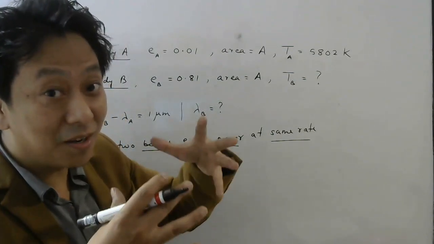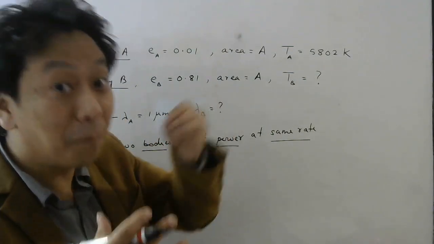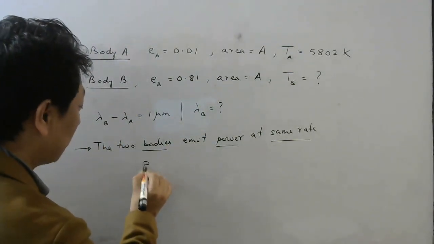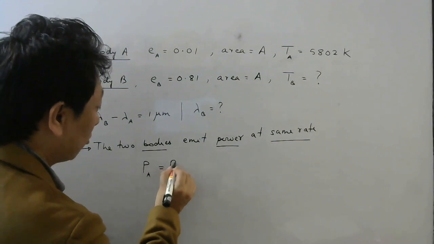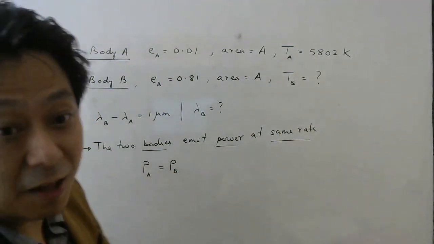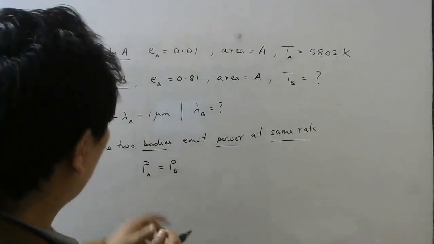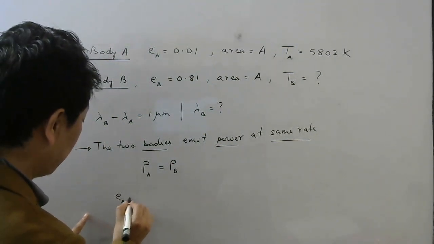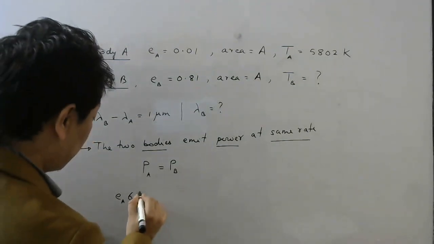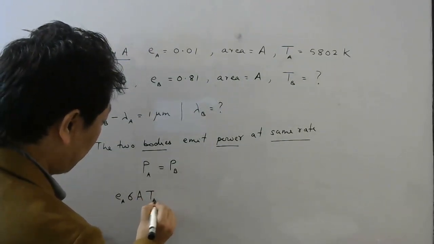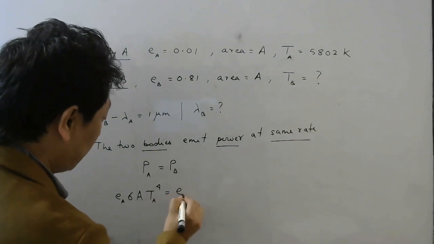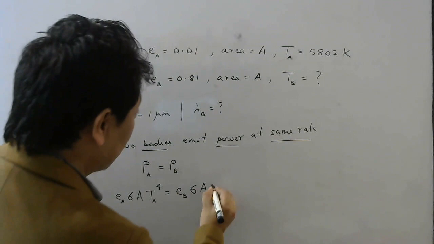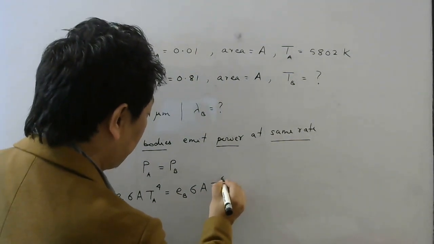It means thermal radiation emitted per second or per time is same. That means power emitted by body A is equal to power of radiation emitted by body B. What will be the power emitted by body A? Formula was emissivity, Stefan's constant, surface area, temperature of A power 4. This will be emissivity of body B, Stefan's constant, surface area, temperature of body B power 4.